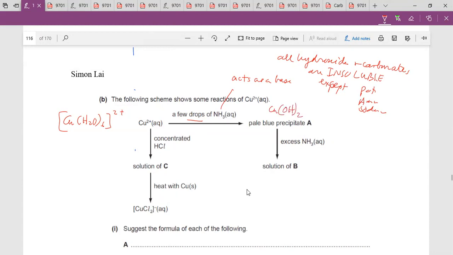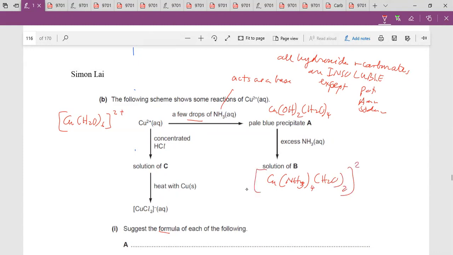You can put the water if you want, Cu(H2O)4. Right? They ask you to suggest the formula, which is this one here. Excess, of course, will kick this out to form what? The copper, remember, NH3, tetraammine. Put water. 2, what charge here?